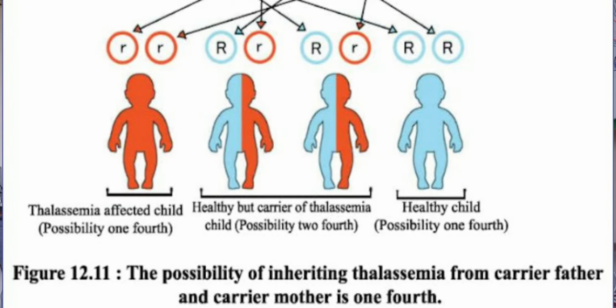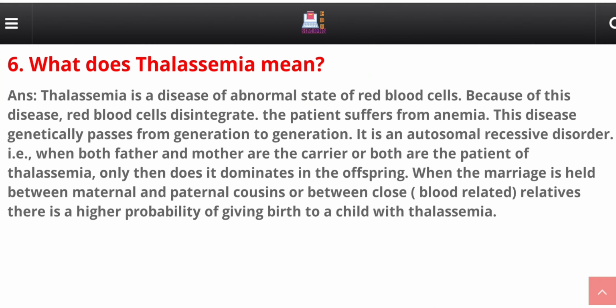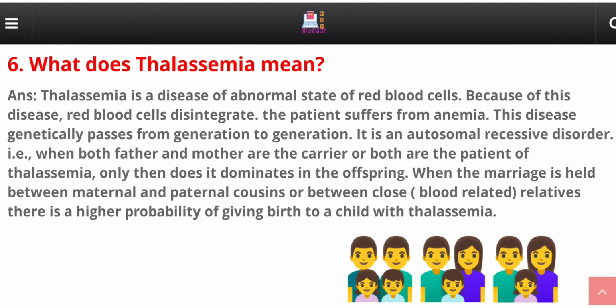When marriage is held between maternal and paternal cousins or close blood relatives, there is a high possibility of getting this disease. All right, let's go to the next question.